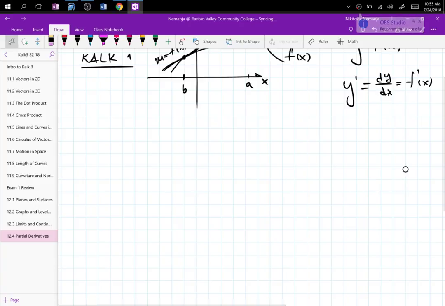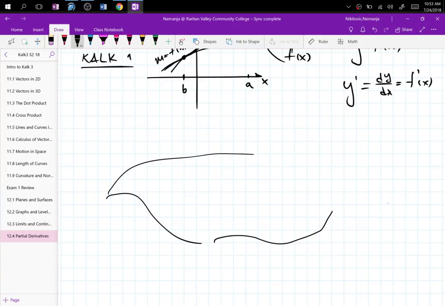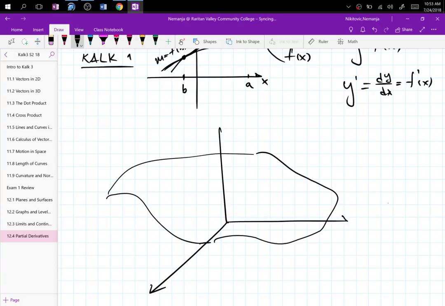So now, what is this partial derivative? If we set up some kind of a surface over here, it's wavy, it's all of that. And now I'm going to set up the coordinate system. So just draw any kind of random surface, right?